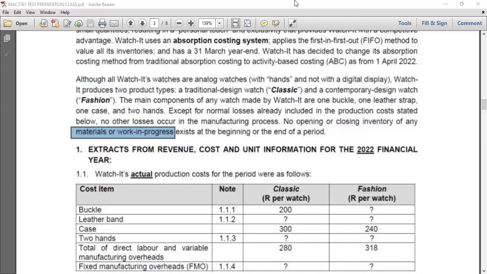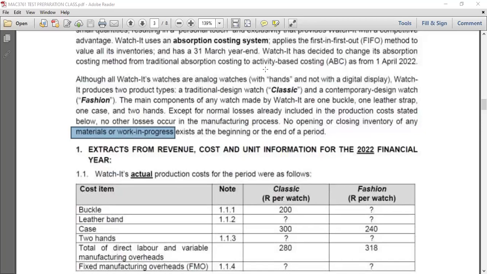Okay, thanks. Maria, I think that's the thing that I've been explaining now, that we don't use the actual because we don't know them during the period. Our costing is done during the period. We don't know the actual activity levels to use to allocate the overhead. So that's why we always use budgeted overhead absorption rates to allocate fixed manufacturing overhead, because the activity levels will only be determined at the end of the period.